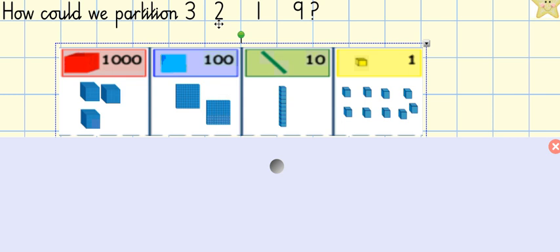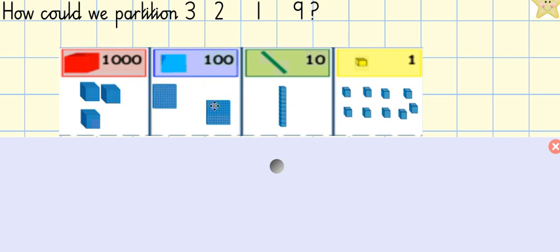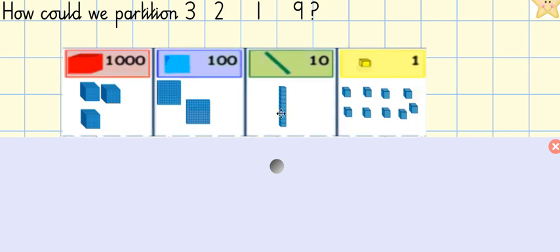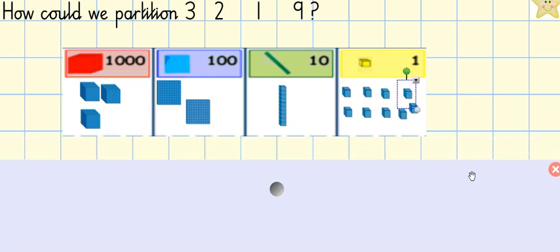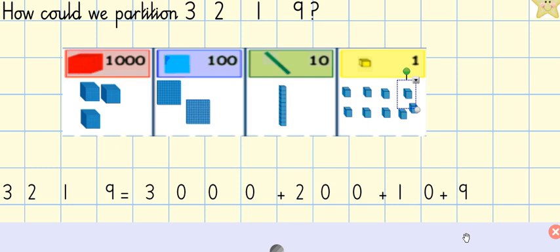I've got 200s, so 100, sorry, 200, and I have 1 ten, which is represented here, 10, and 9 ones here, 1, 2, 3, 4, 5, 6, 7, 8, 9. As you can see, 3,219 is made up of 3,200, 10 plus 9 ones.